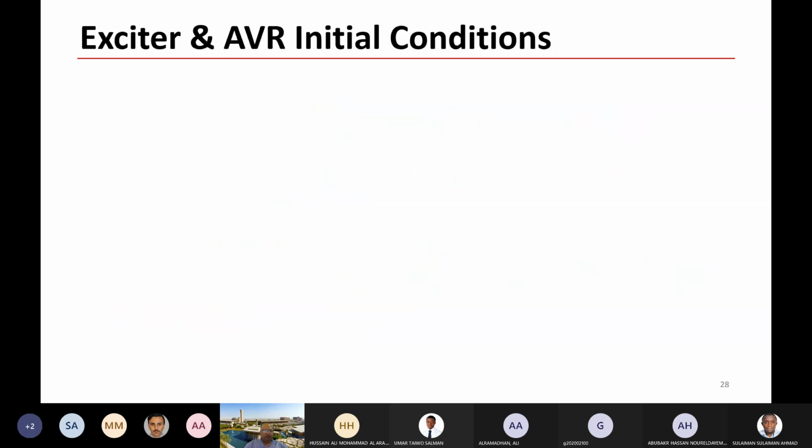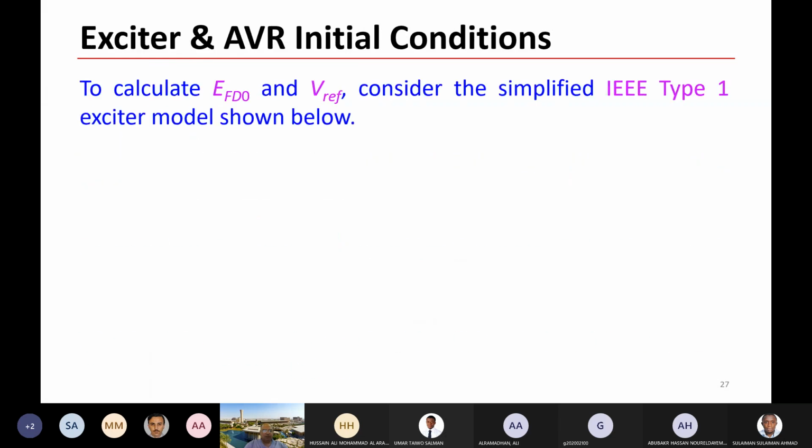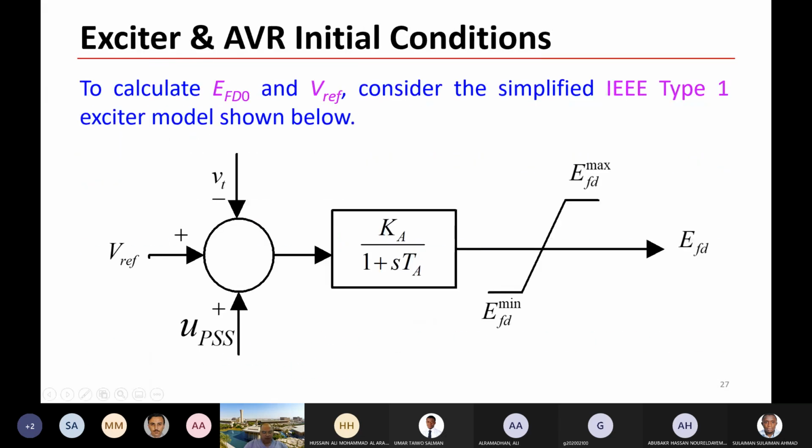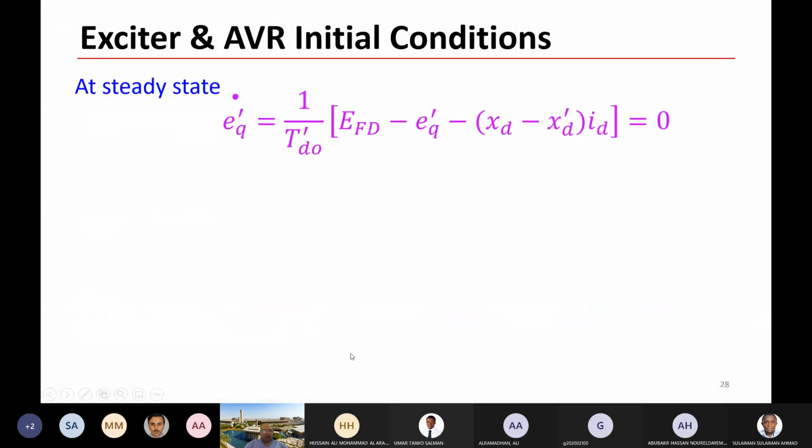Yes, here it is. This is the exciter initial condition. This is the exciter that we will consider in our course. Very simple, as you can see. So we can write EFD dot and the EQ prime dot as we have.